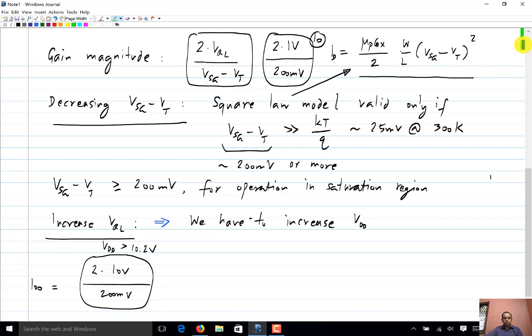Okay, so we have to devise some other technique for realizing large gains, which we do need. Okay, you know that an op-amp, for instance, which is one of the ubiquitous building blocks of analog design, has a very large gain, probably up to 1 million, and we have to see how we can realize such a large gain. Okay, we'll see how to do that in the following lessons.